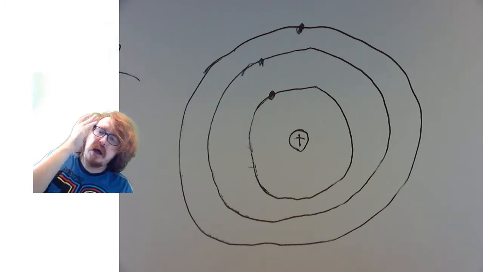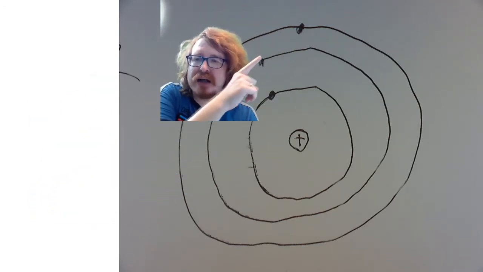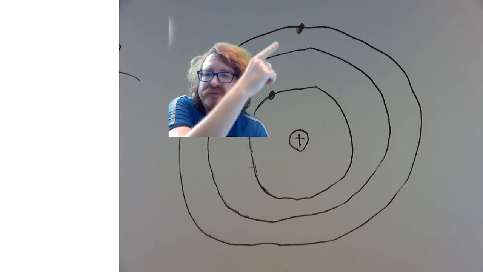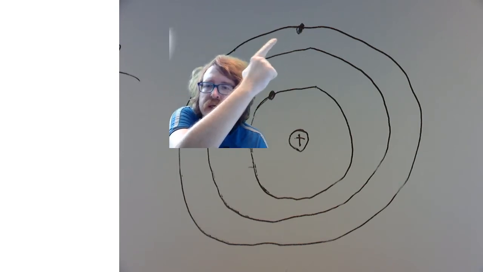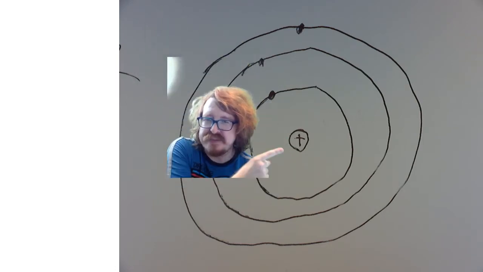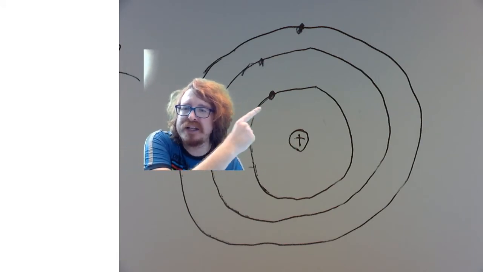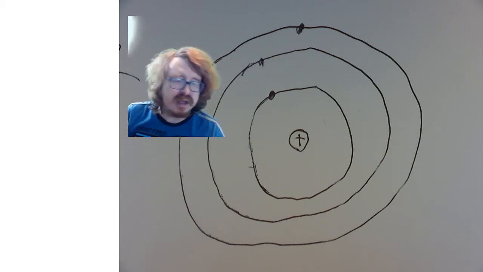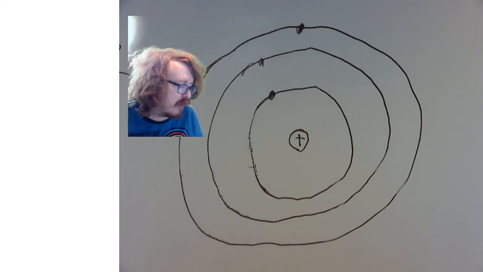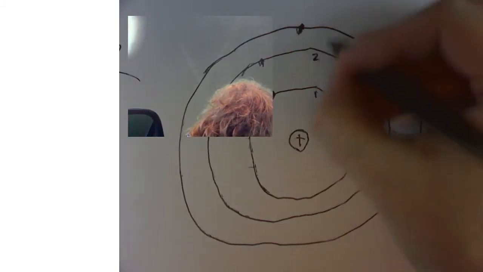Now, with that in mind, where do the electrons want to be? They want to go to the center, right? They want to go to the center because they're negative and this is positive, so they want to be attracted in. So which one of these does the electron want to be in? Let's say this was orbit 1, 2, and 3.